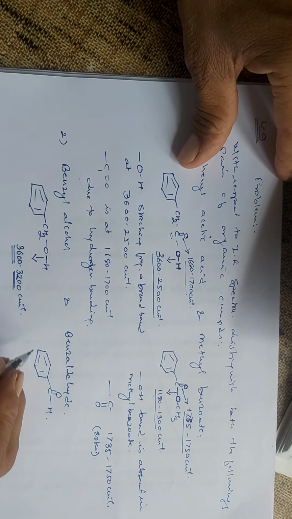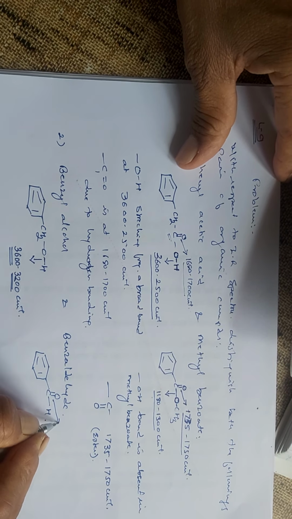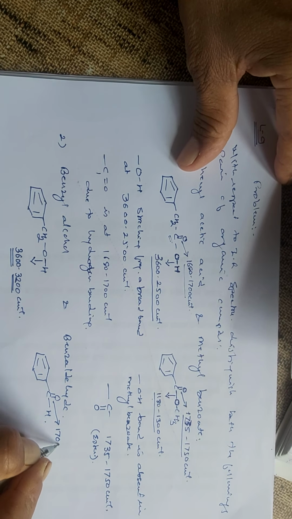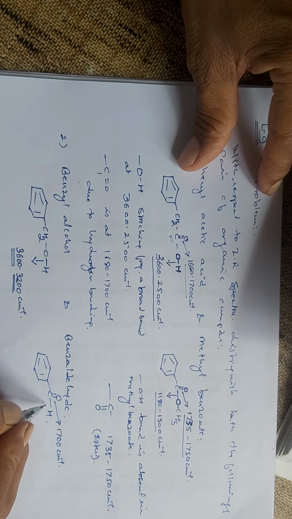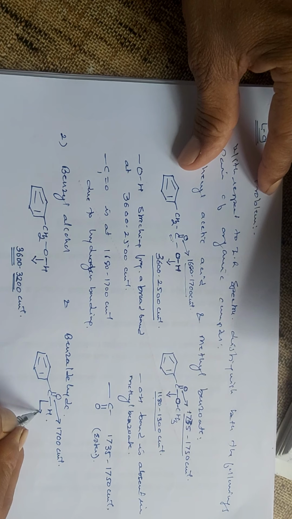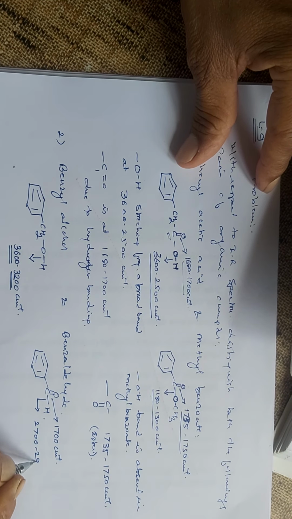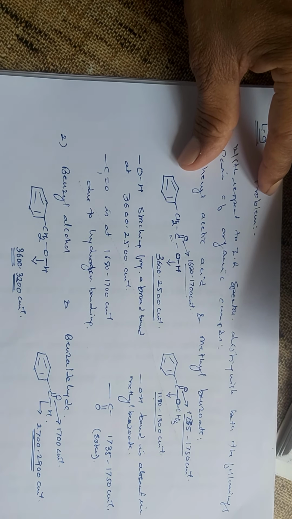And in the aldehyde, this absorption frequency of OH is not seen, but here the carbonyl stretching frequency will be seen around 1700 reciprocal centimeter. And apart from that, the carbonyl carbon hydrogen will be seen around 2700 to 2900, which is the characteristic of your aldehydic functional group.